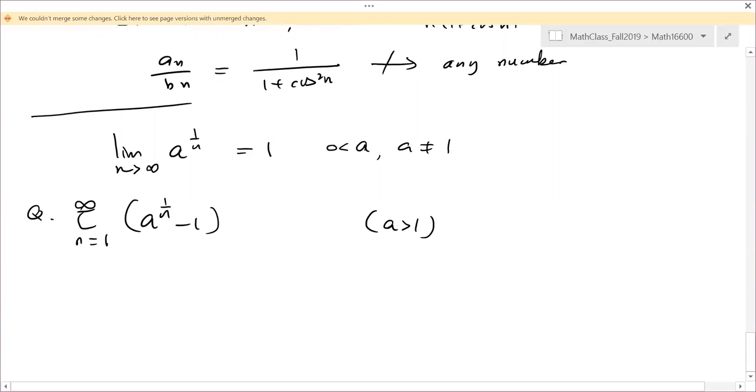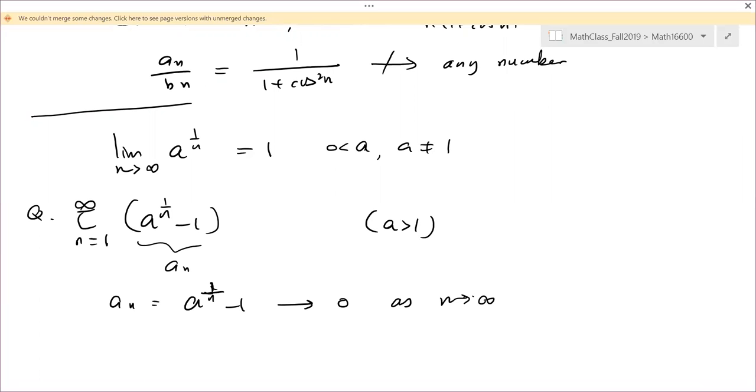The nth term, a to the 1 over n minus 1, approaches 0, so you cannot use the nth term test for divergence to say it's divergent. But if it approaches 0 very fast, this series is going to be convergent. But how fast? We don't know. Maybe not that fast.